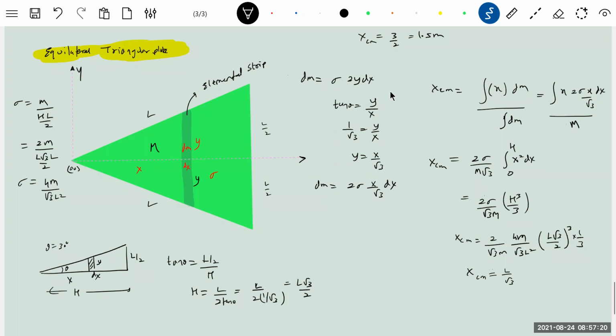L by 3? Yes, L by root 3 only, sir. L by root 3.